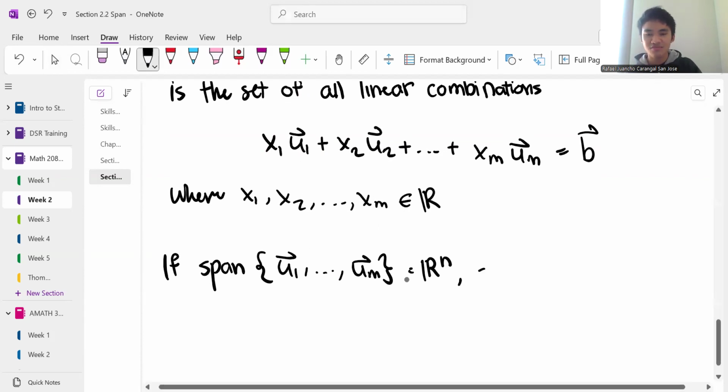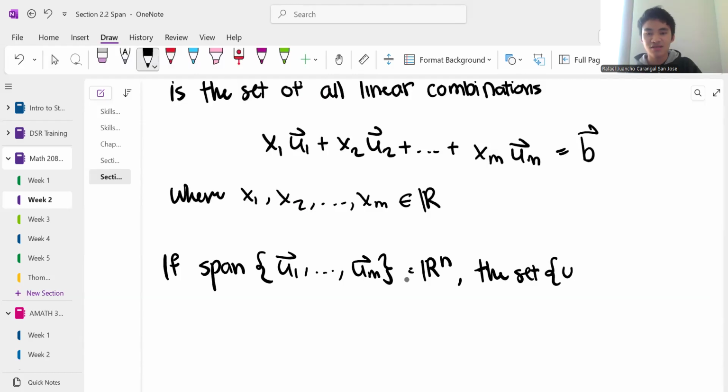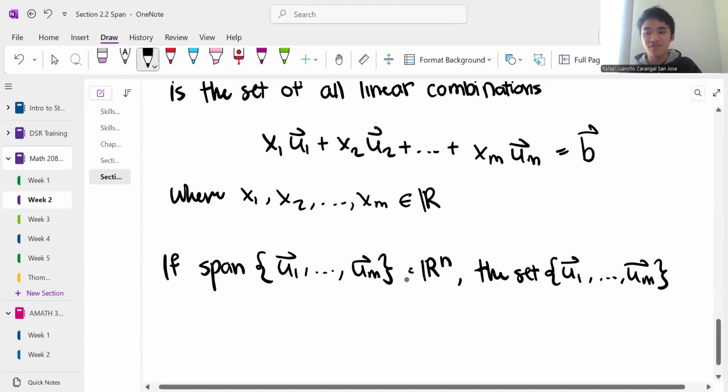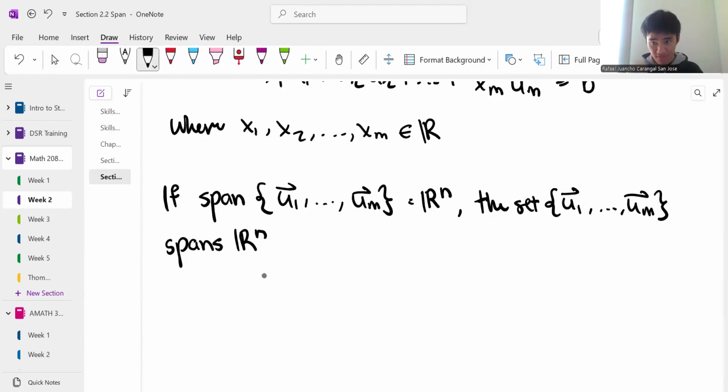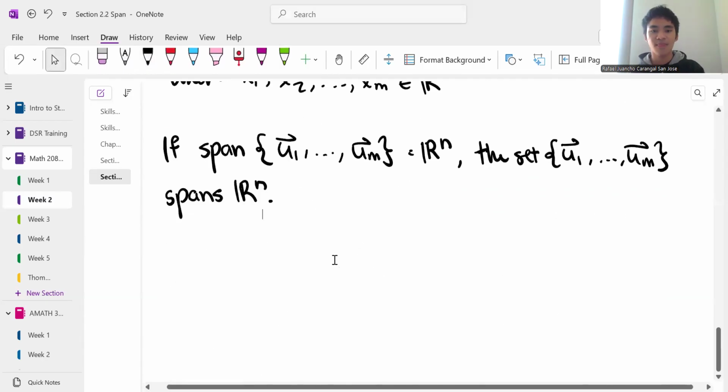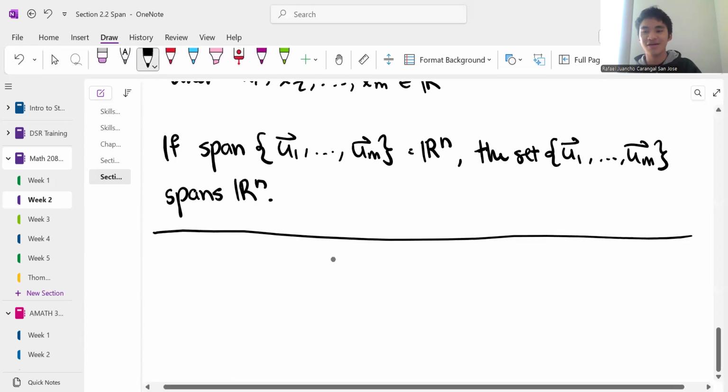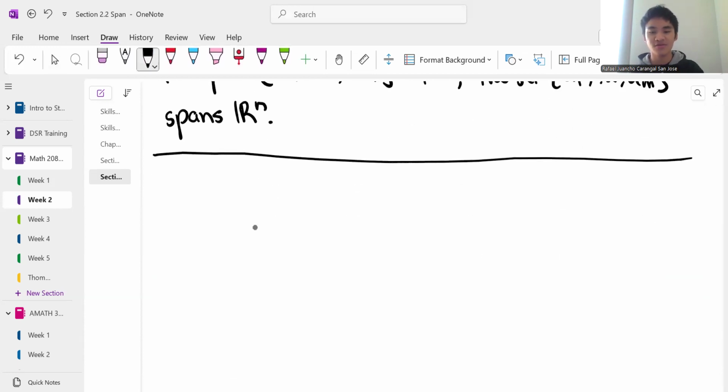We just say the set of these vectors spans Rn, right? So that's what that means. Okay, I hope that made sense, because that one's very, very critical to know.